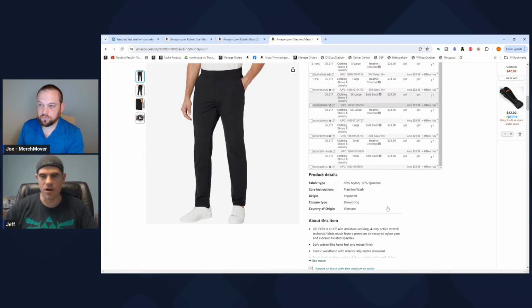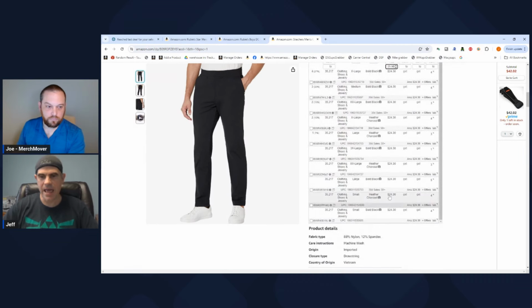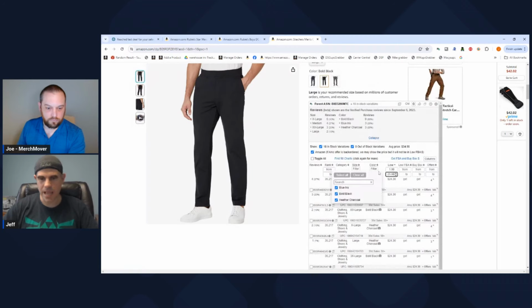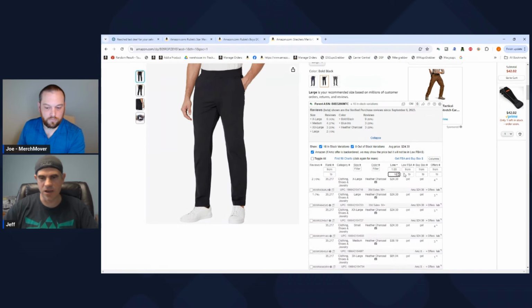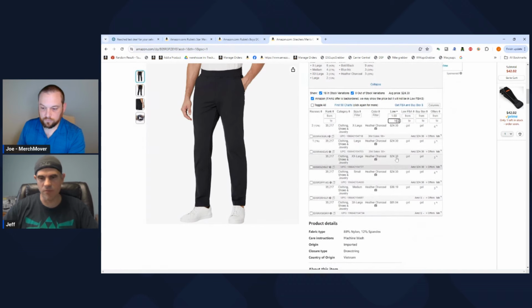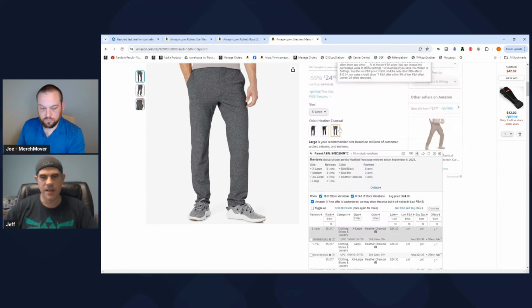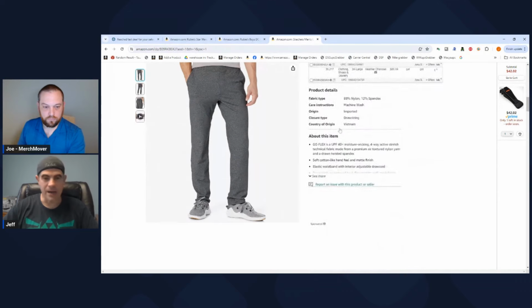So these are the only ones that are actually on sale, the bold black and the charcoal. And then I can filter and say, okay, let's look at the charcoal in general and see, okay, most of them are priced at 24. We got 1 at 38. So I'll look at the extra large. It's got the most reviews, and I'll take a look.